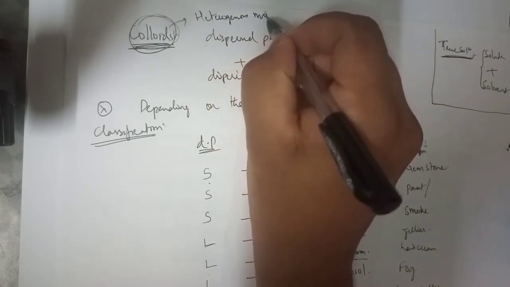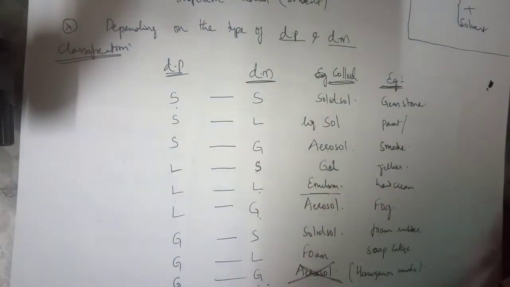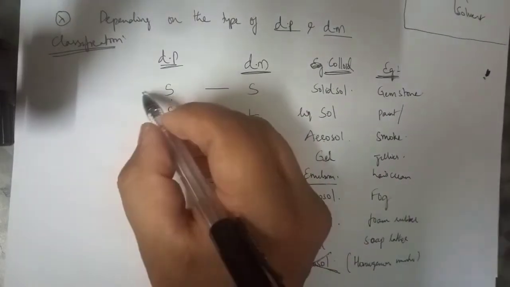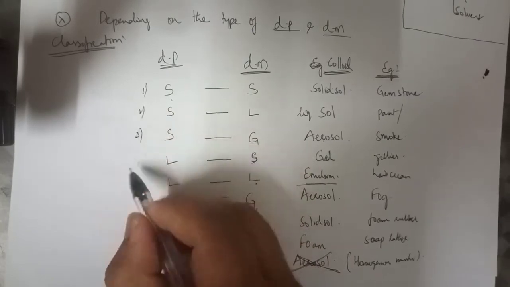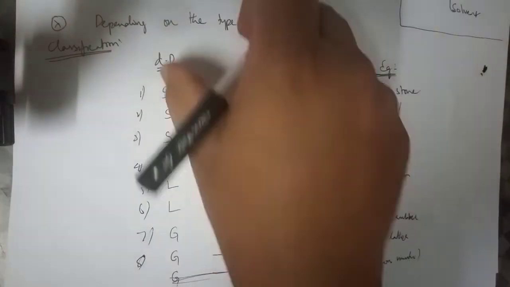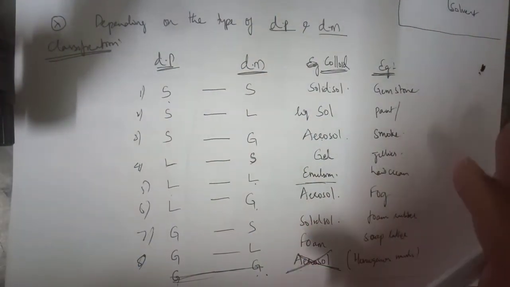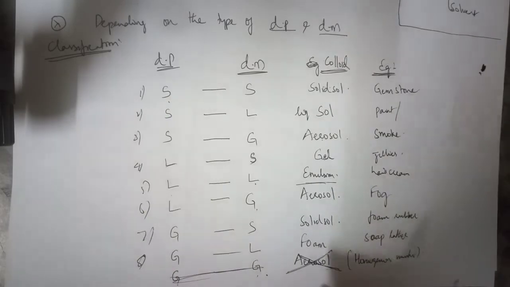So remember this, heterogeneous mixture. That's why we don't speak about gas dispersed in gas or gas dissolved in gas. It is a homogeneous mixture, and we don't have this category. So we have only 8: 1, 2, 3, 4, 5, 6, 7, and 8. And these are the various states of DP and DM, and the names and the examples.